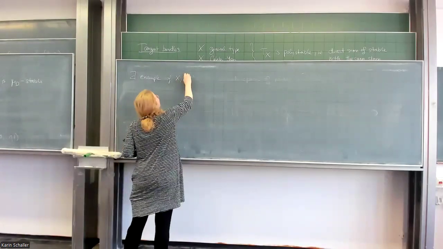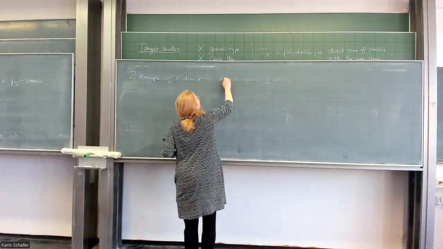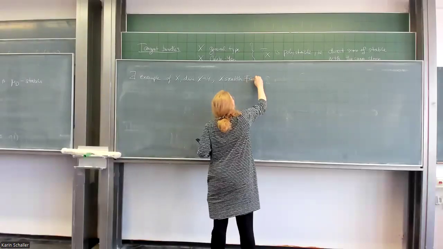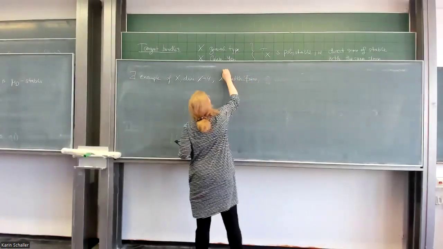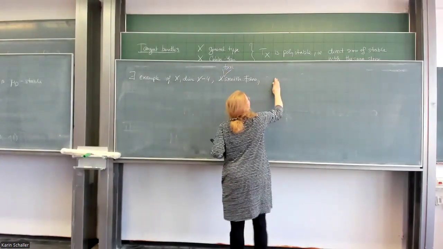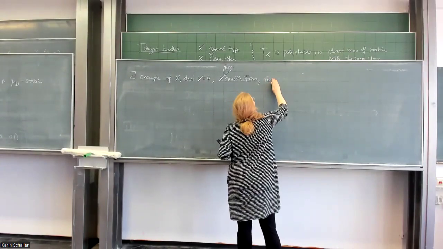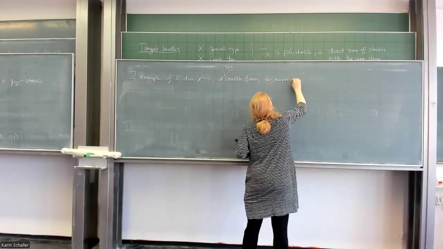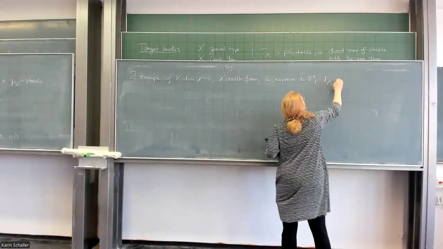X of dimension 4, X toric smooth Fano, and no morphism to P4, plus T_X stable.